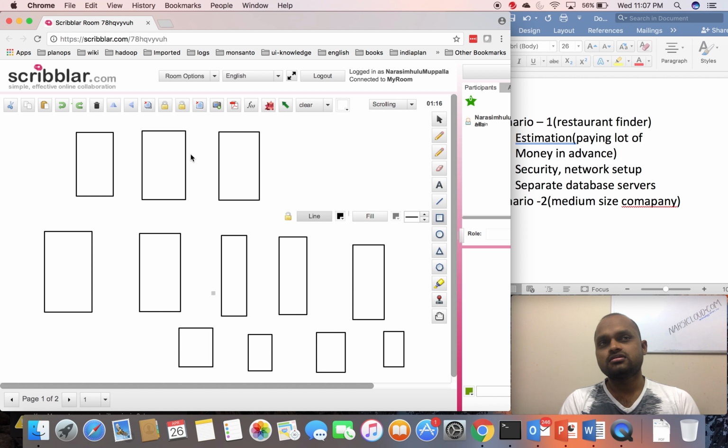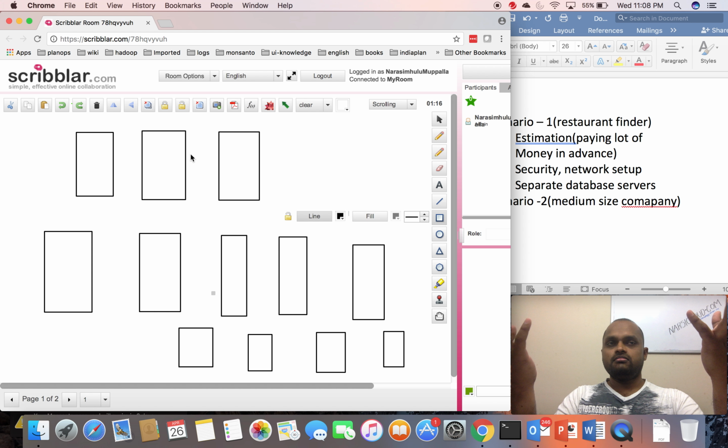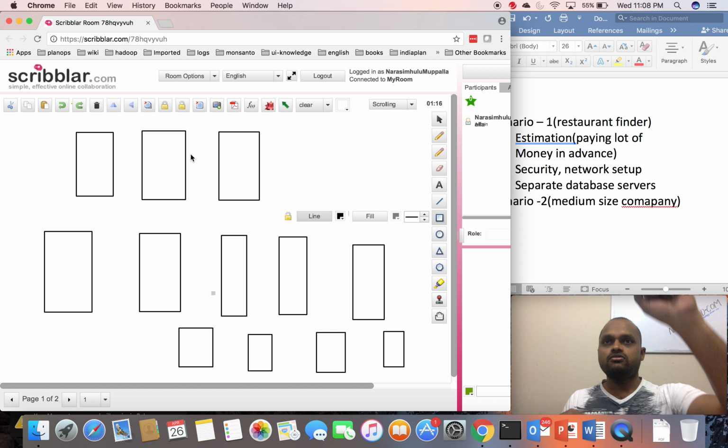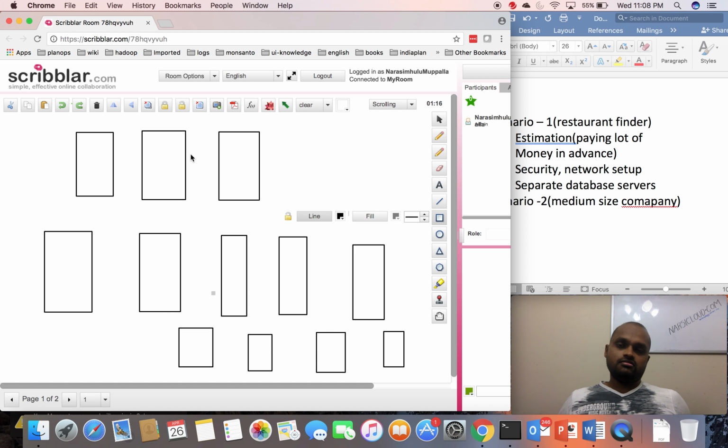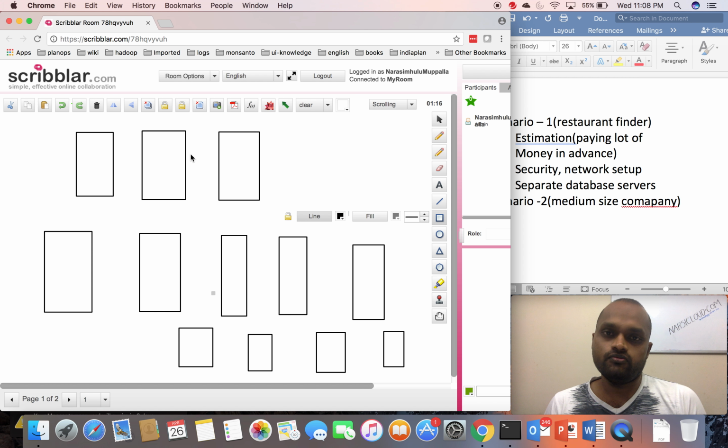We call that whole ocean of things a cloud, and we are deploying our applications to the cloud, and the computation is happening over there. That's why we call it cloud computing. That's how the word cloud computing came into the picture.